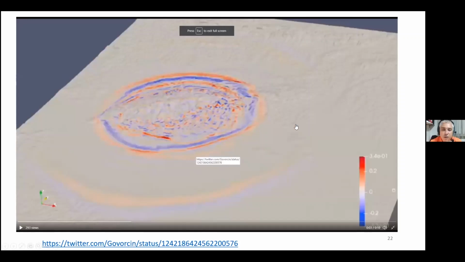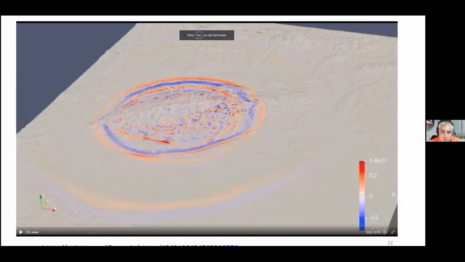Now I have a small additional animation, which was provided by colleagues from the Faculty of Science, Department of Geophysics. This animation basically shows how the earthquake waves were behaving on that 22nd of March 2020. Okay, I am going to run this.